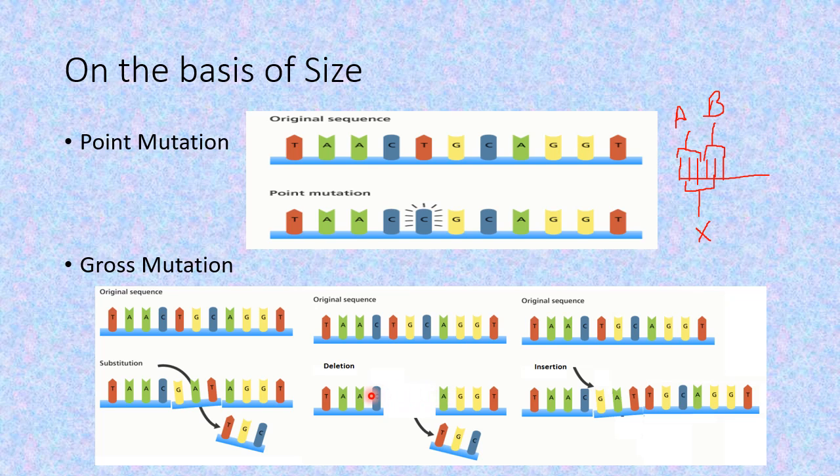So now the reading frame will be altered, or some other nucleotides, more than one, may insert themselves within the original polynucleotide sequence. So all these types of mutations may involve a single nucleotide or a set of nucleotides, a stretch of the genetic material. In this manner, on the basis of size, the mutations may be the point mutation or the gross mutation.